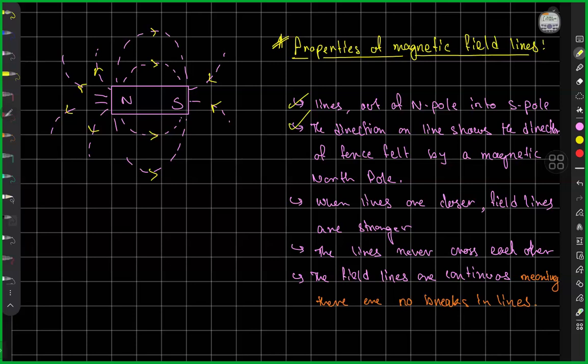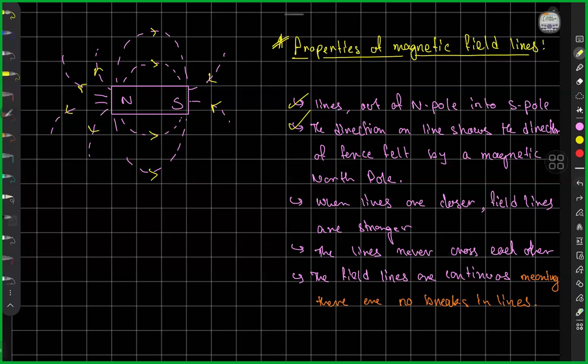No. Okay, perfect. So when lines are closer, field lines are stronger. This logic applies as usual. You have electric field, gravitational field, or magnetic fields. These are the three fields you're working with in your A levels: magnetic, electric, and gravitational. So when you have field lines closer here, the force felt is larger. By what?